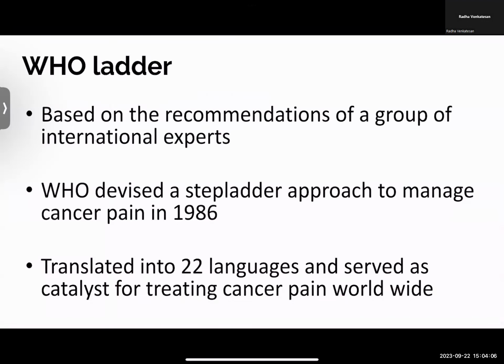So keeping that in mind only, this is implemented. And as I said, it has international experts. There will be eminent people from all parts of the world in the committee making the recommendations. So that is the first thing.